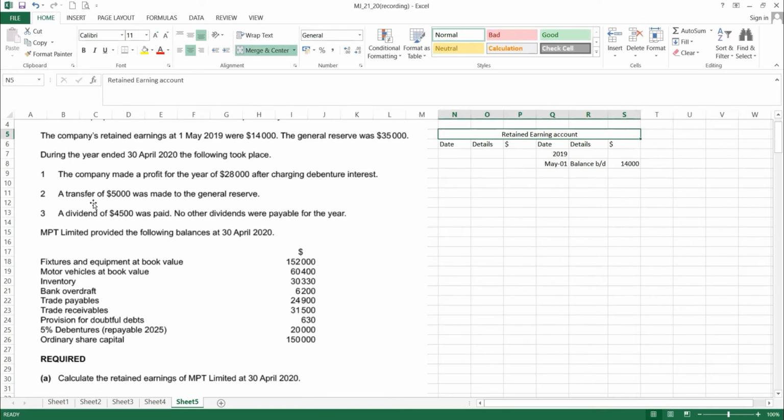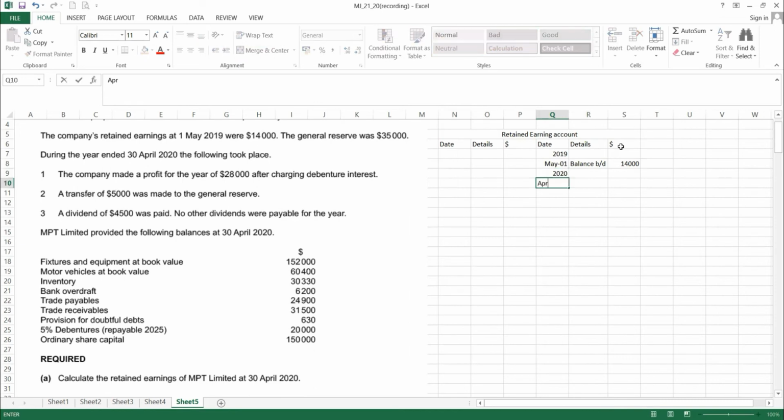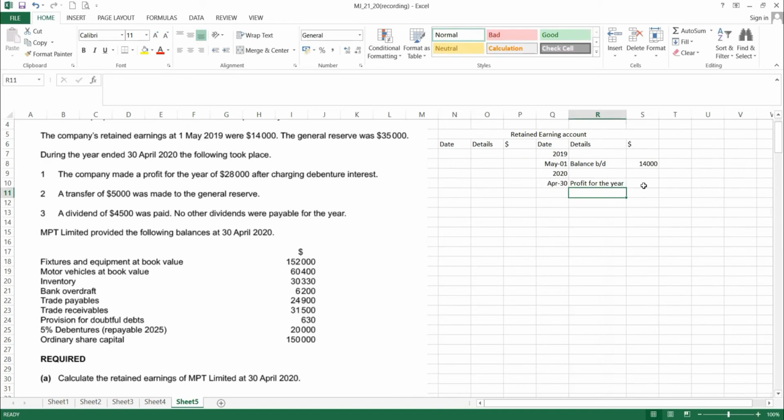So during the year, the company made a profit for the year of 28,000 after charging debenture interest. That means on this year, 30th April 2020, this is the profit for the year that they earned. The amount is after charge, so it is final already. The next one, during the year, a transfer of 5,000 was made to the, okay, the key word here is the general reserve.